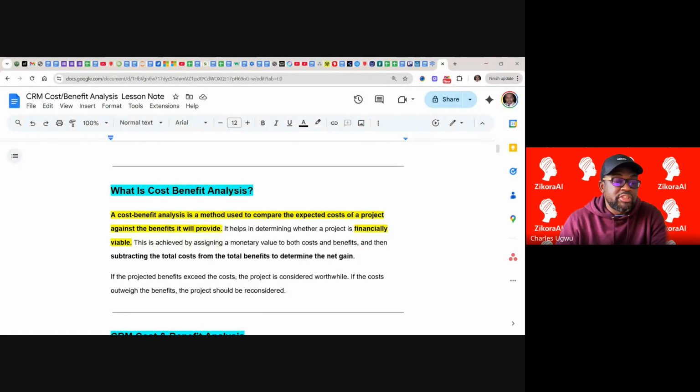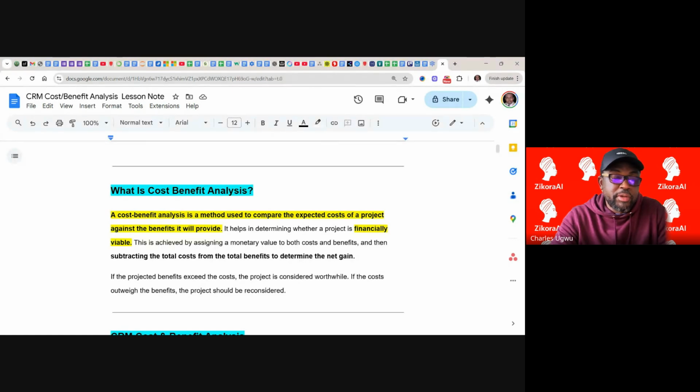This is achieved by assigning a monetary value to both costs and benefits, and then subtracting the total cost from the total benefit to determine the net gain. If the net gain is negative, it means it's not bringing anything to the table.